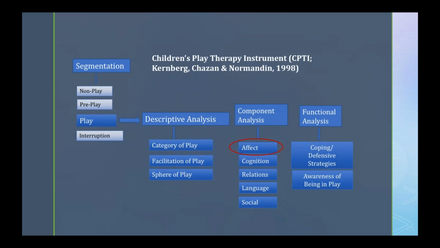What happens when play stops? There is an interruption, or the child might go to non-play. Whatever the child does, that's not coded. And when the child starts playing again, we code the next segment for affect regulation. So each play segment gets coded on its own.